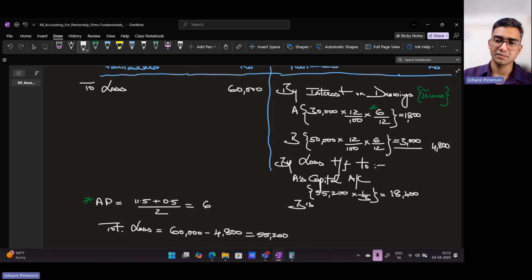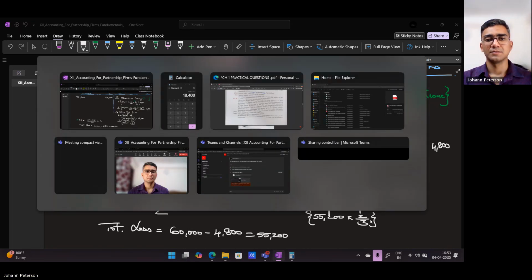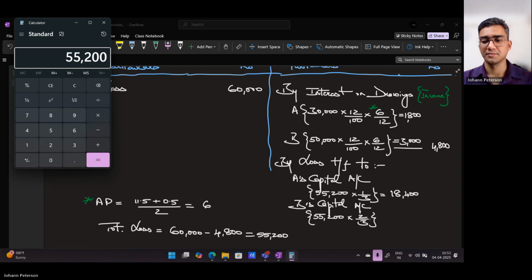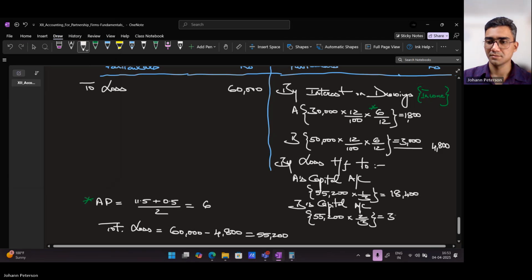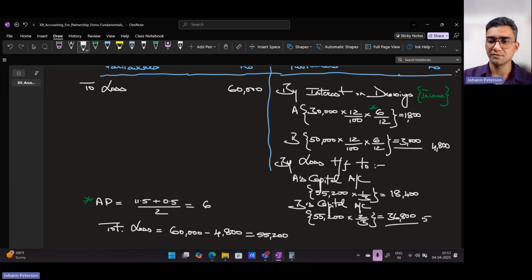And B's capital account amount will be 55,200 into 2 upon 3. 36,800. Which totals up to 55,200, and this totals up to 60,000.